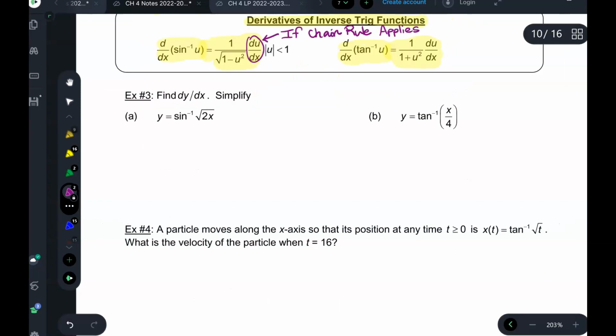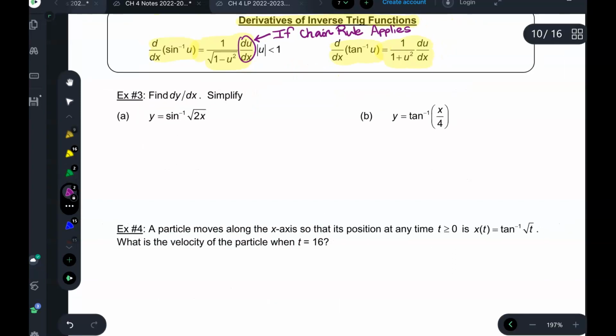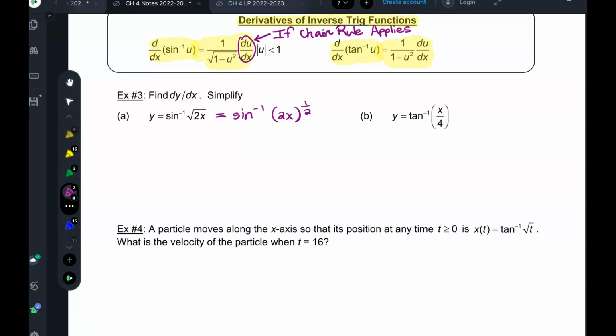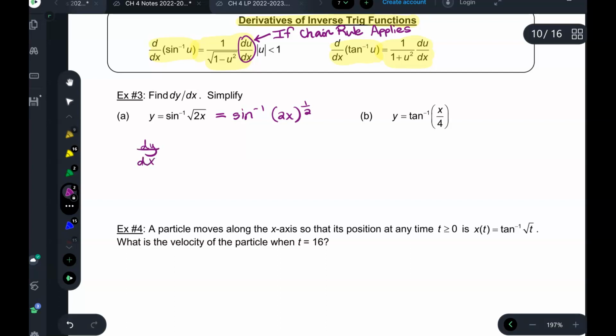All right. Here we go. Maybe what you want to do for this is think of sine inverse, and then this is 2x to the 1/2 power. We want to find dy dx. Again, there's going to be a lot of formulas for derivatives, so whatever helps you memorize them, flashcards, Quizlet, whatever.